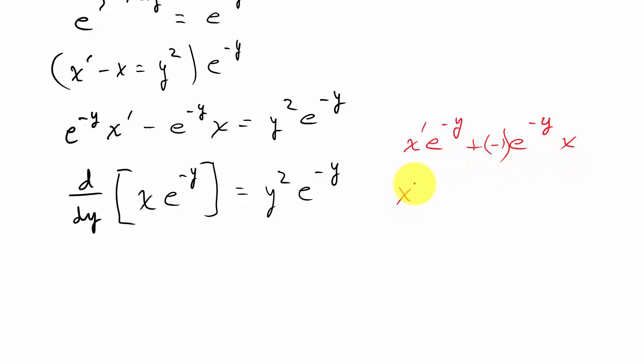And you can see that we get x prime e to the -y minus e to the -y times x. We took the derivative of this, and we got this left hand side. Okay, that's where that comes from. Alright, so let me erase this.